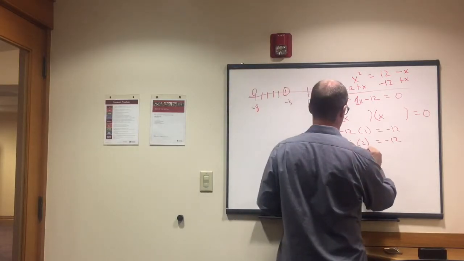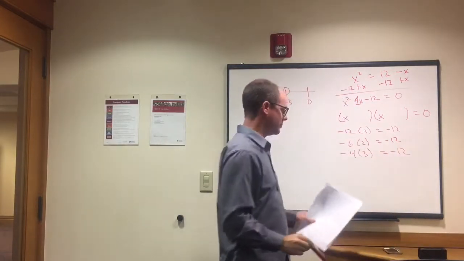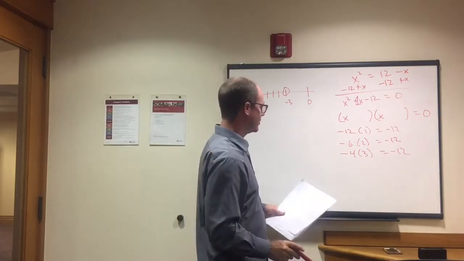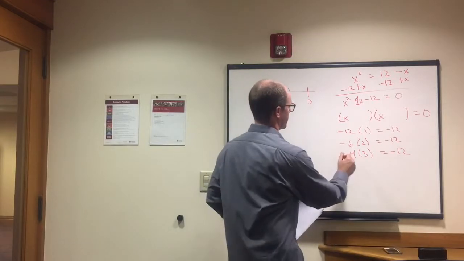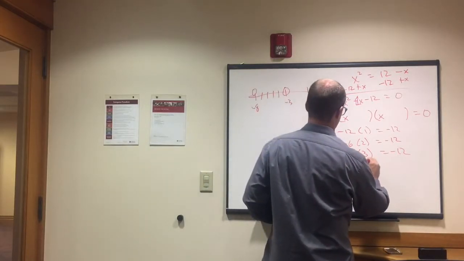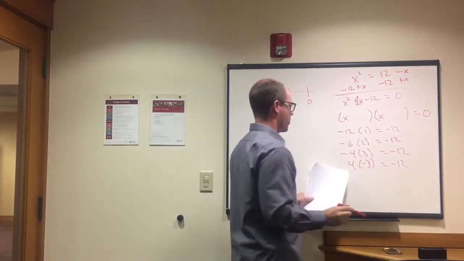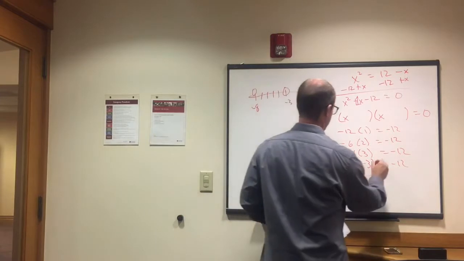Negative 4 times 3 equals negative 12. Negative 4 plus 3 equals negative 1. So we're getting closer, but we need it to actually equal 1, right? So that should tell us, well, what about 4 and negative 3? That equals negative 12. 4 plus negative 3 is 1, so there's our answer, right?